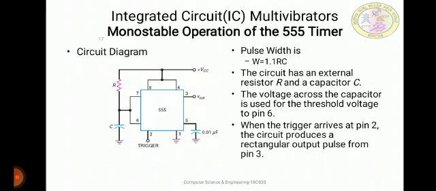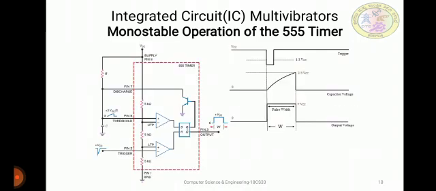This action turns off the discharge transistor connected to pin 7, thereby removing the short circuit across the external timing capacitor, which is 0.01 microfarad. This allows the timing capacitor to charge up through the resistance R1 until the voltage across the capacitor reaches the threshold, pin 6, the threshold voltage of 2/3 VCC.